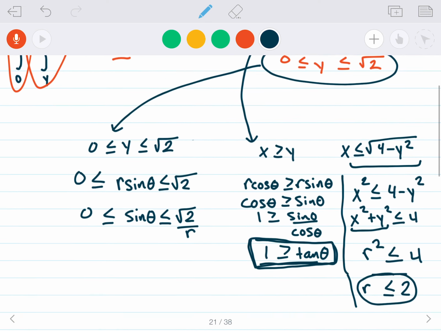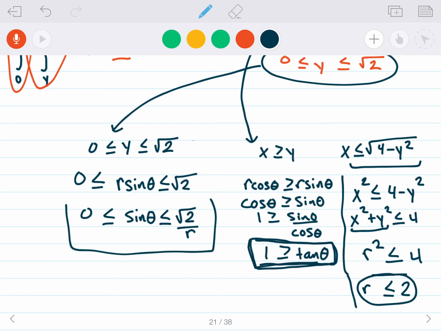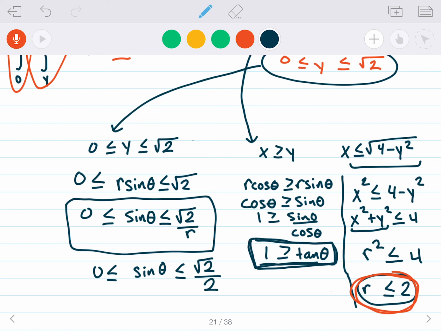So sine theta is between 0 and radical 2 over r. Now, I know that r has to be less than or equal to 2. So that means sine of theta is going to be between 0 and root 2 over 2.